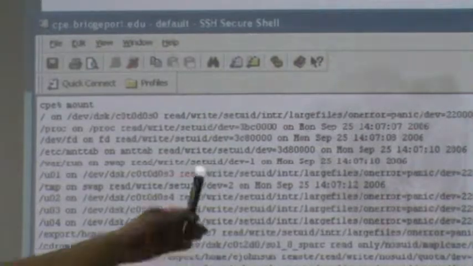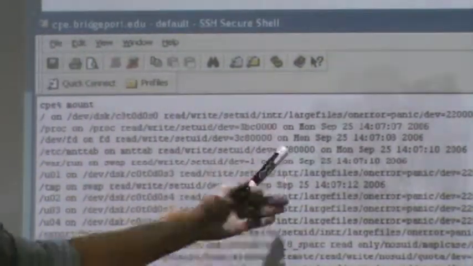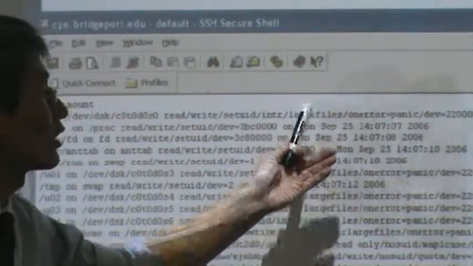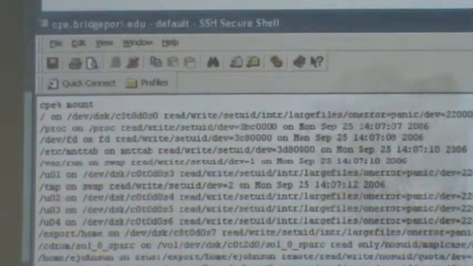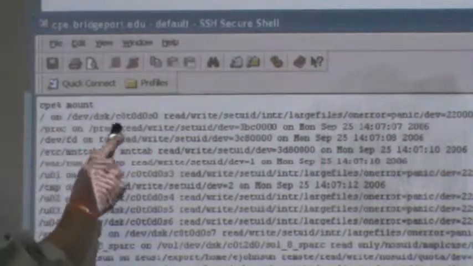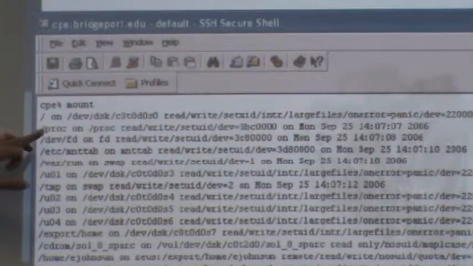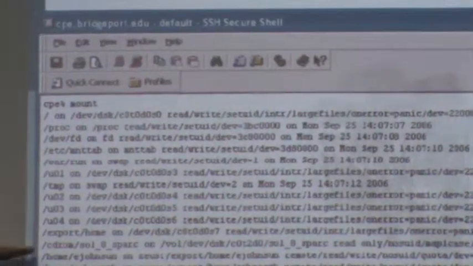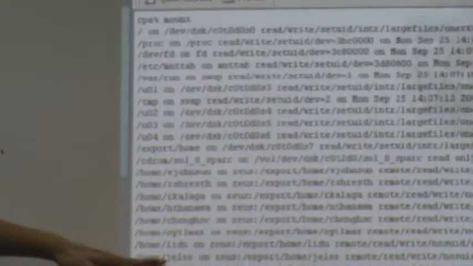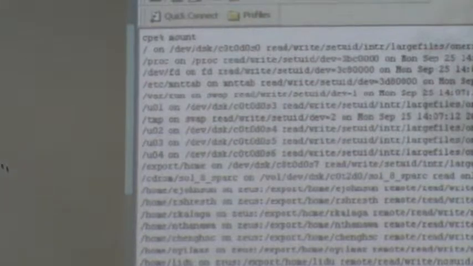And even you can specify the user ID who is the owner and how large a file it allows. You can specify the options for them. Even root is mounted with this hard disk drive. And also the PROC file system is mounted and so on. You can see some of the network mounted even remotely, NFS. So this is the mount option.